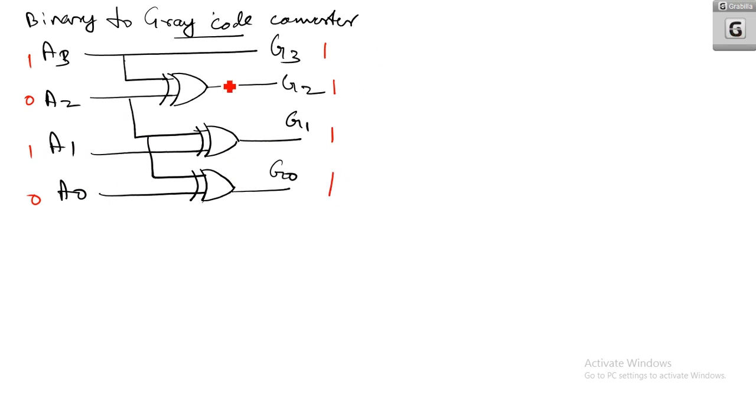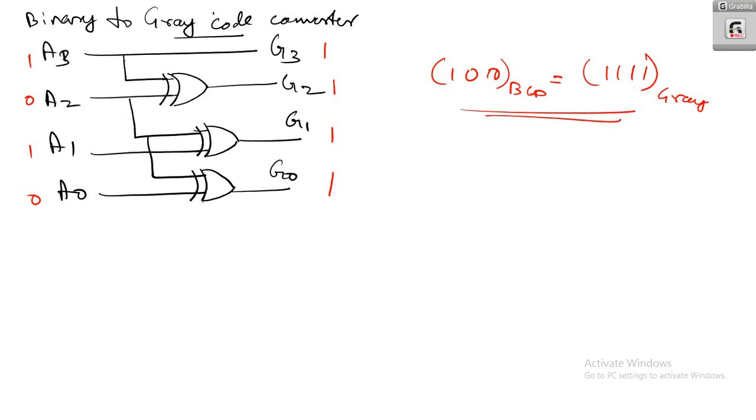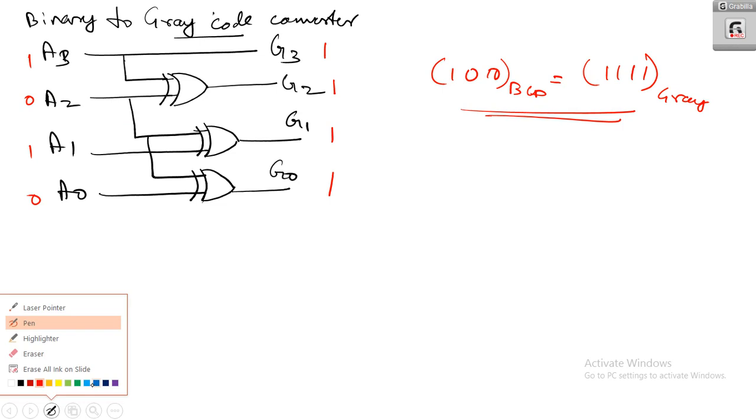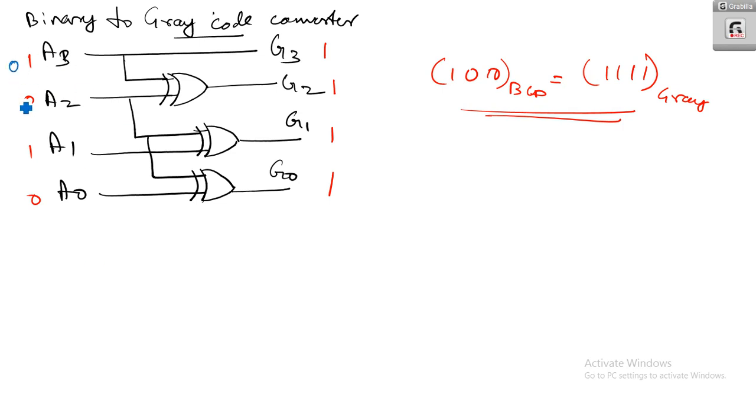So the input is 1 0 1 0, and the corresponding gray code is 1 1 1 1. Now if you are giving some other example, say 0 1 1 0, what will be the corresponding output?